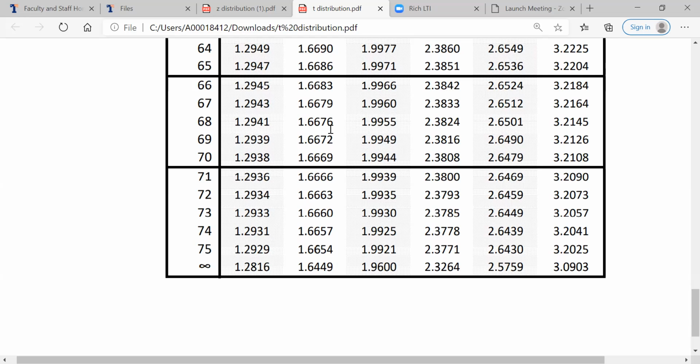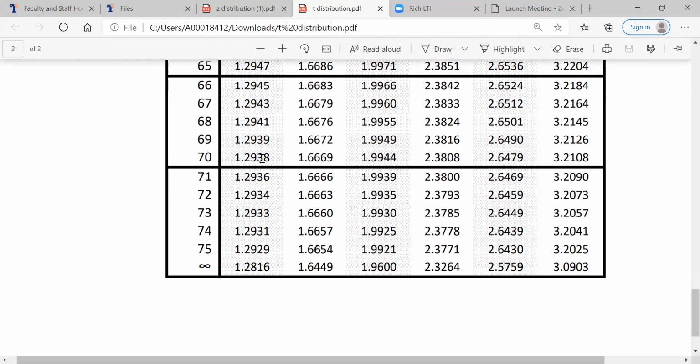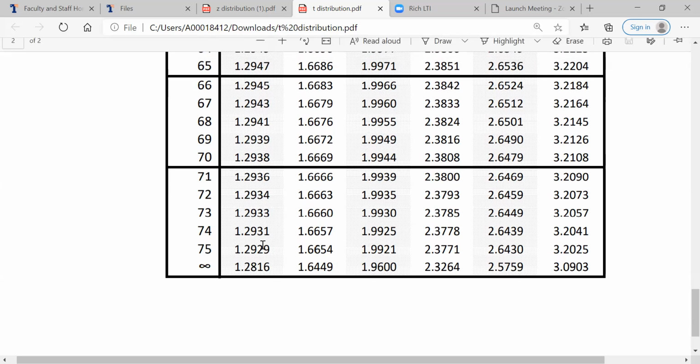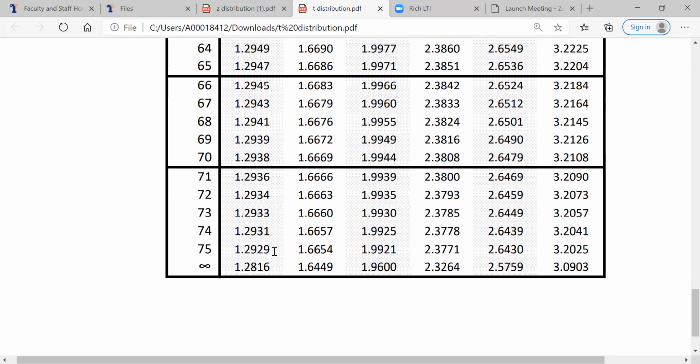What happens to the t-scores, excuse me, as the degrees of freedom get larger, is the t-scores get smaller. It has to do with the standard deviation getting smaller. But they are limited to how small they can get for a given area. This bottom row is almost like the limiting value of the t-score for a given right-tailed area.